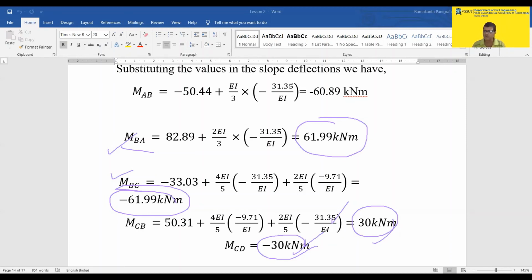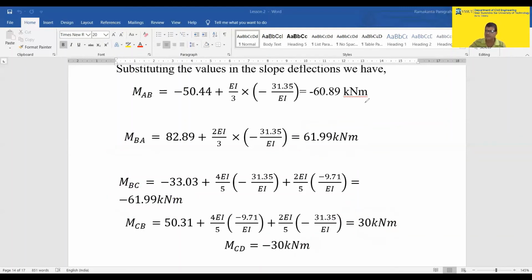Such answers are absurd and cannot happen, so there must be some problem in your calculation. After calculating these values, confirm whether your theta B and theta C are correct or wrong. There may be some sign convention problem somewhere, so that this value is coming different. You have to check that, and then rectify and correct the values.